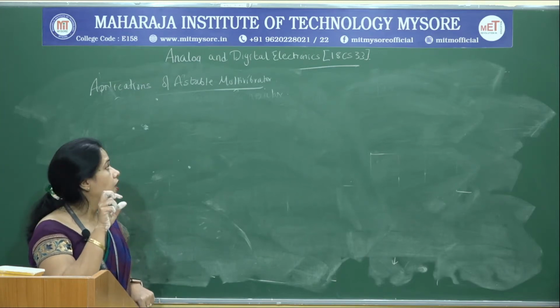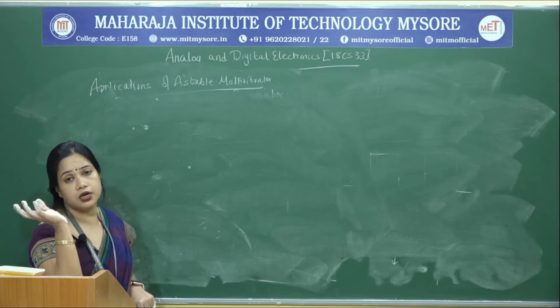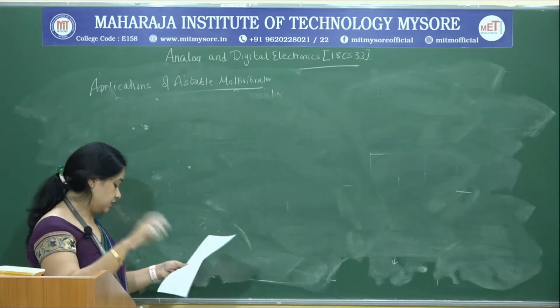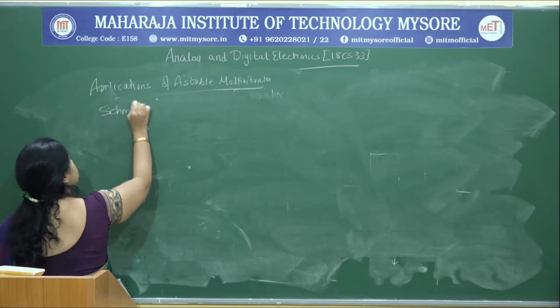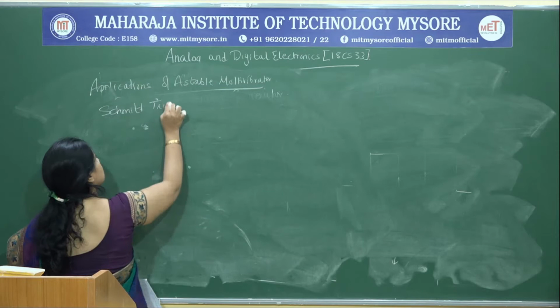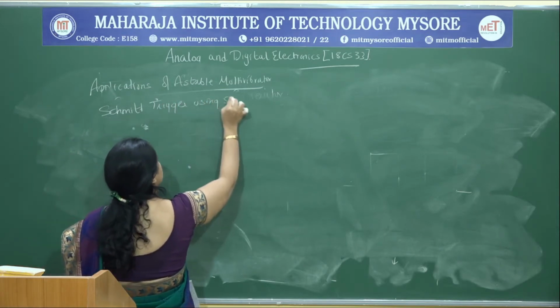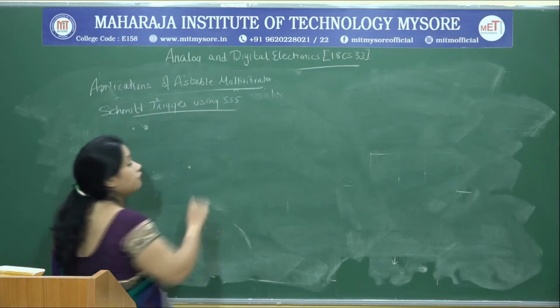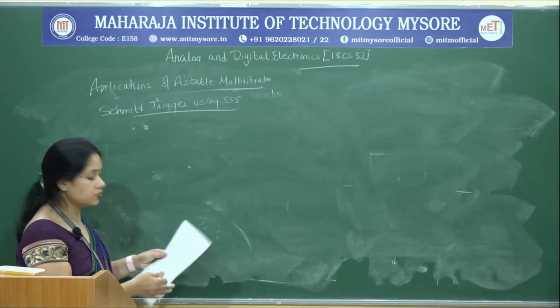So, using this concept, we can use an astable multivibrator to construct a Schmitt trigger. Your Schmitt trigger is basically a circuit with two trigger points, or you can call it a wave shaping circuit, wherein you give any input, it produces a square wave.